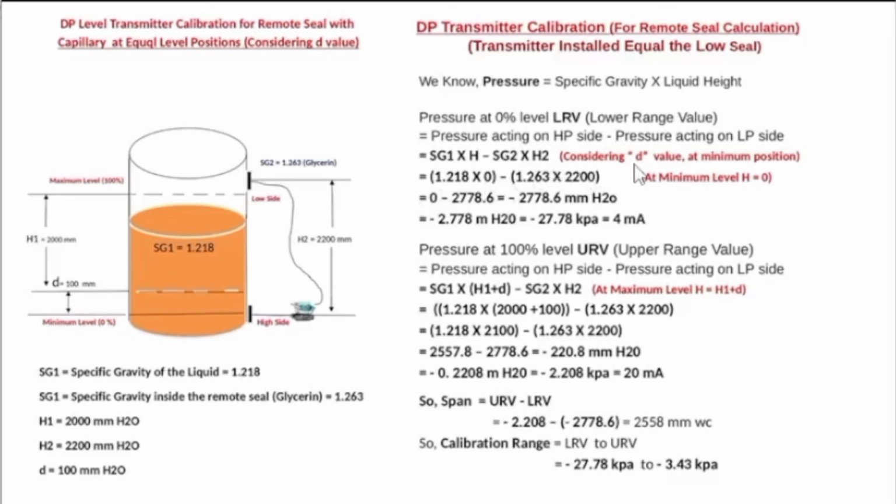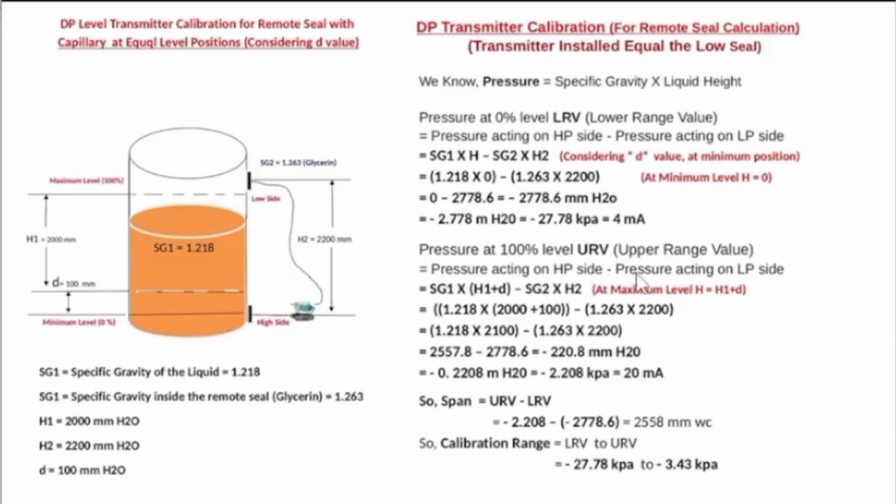Here we will consider the D value at minimum position. So when the level is 0, that means at this remote seal state, 1.218 into 0 for this liquid, minus 1.263 into 2200 millimeter. That means LRV will be the same, minus 27.78 kPa.